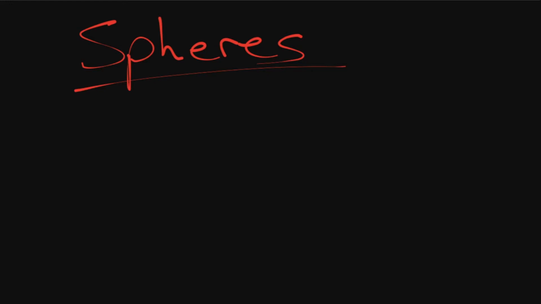So let's look at a sphere. The formula for a sphere comes from, in one of the earlier videos we figured out how we got the volume of a cone by saying that it's a percentage of a cylinder.